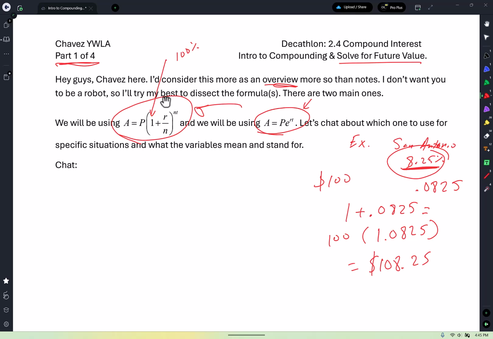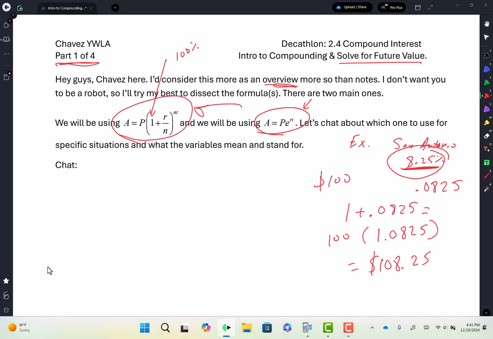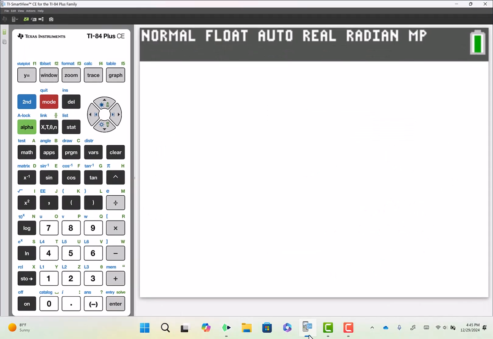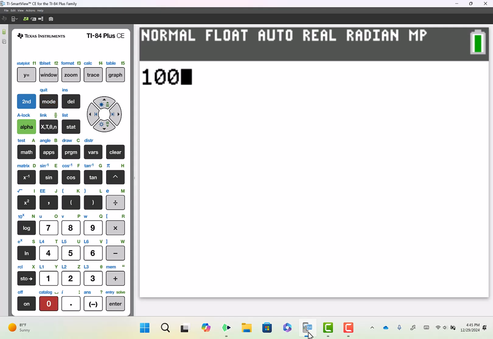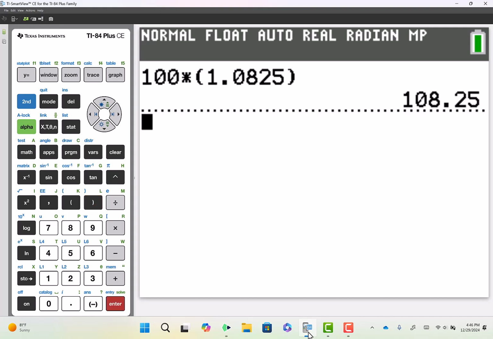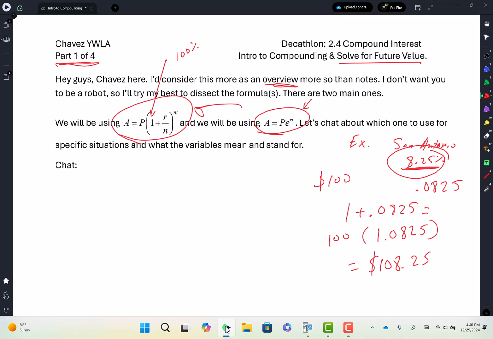Sure enough, on my calculator, 100 times 1.0825, you'll get 108.25. So that's not directly related, guys. I just wanted to show you where this r over n comes from.